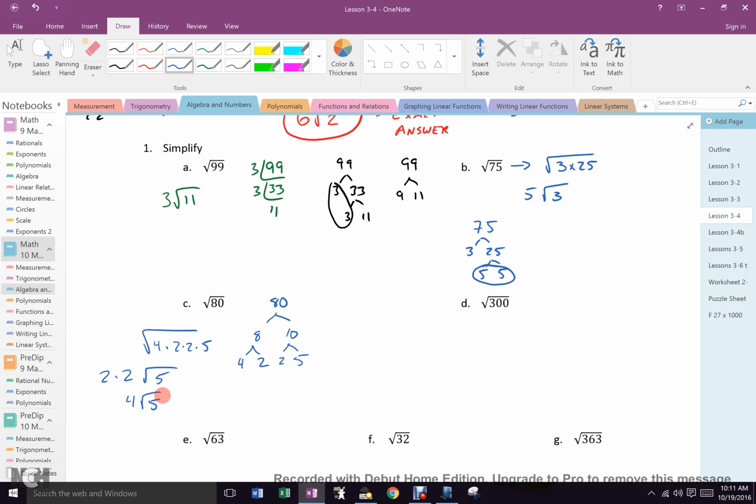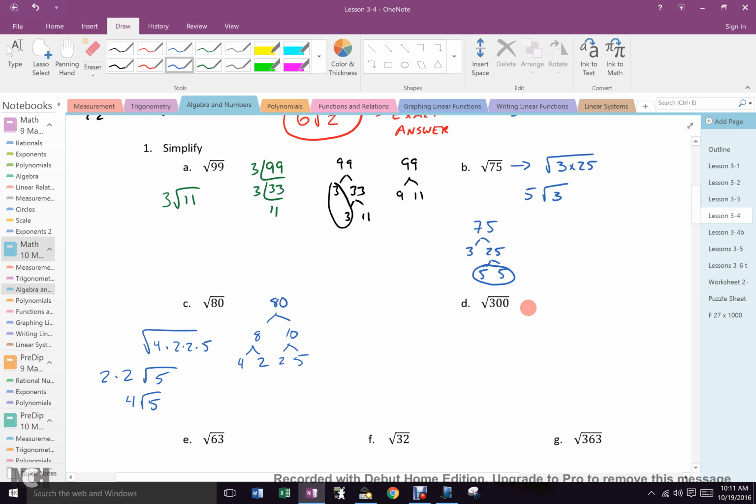Previous to today, we finished our factor trees until we had all prime numbers, yes? But now, we don't necessarily need to, because I'm looking for a square, right? So the shortcut here is if you can think of any perfect square that's a factor of your radicand, you can significantly cut your work down, can't you? Right?